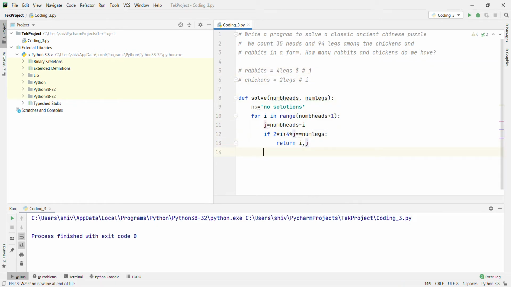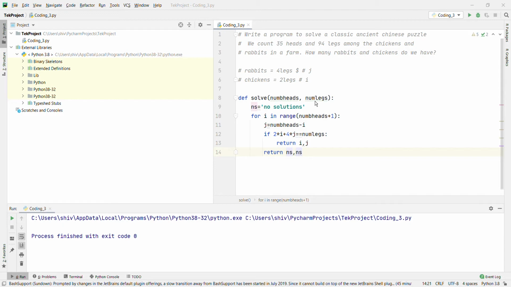Now if we do not find the solution, then return ns comma ns. That means we are not able to find a combination of rabbits and chickens that gives the result of 94, so it returns no solution.